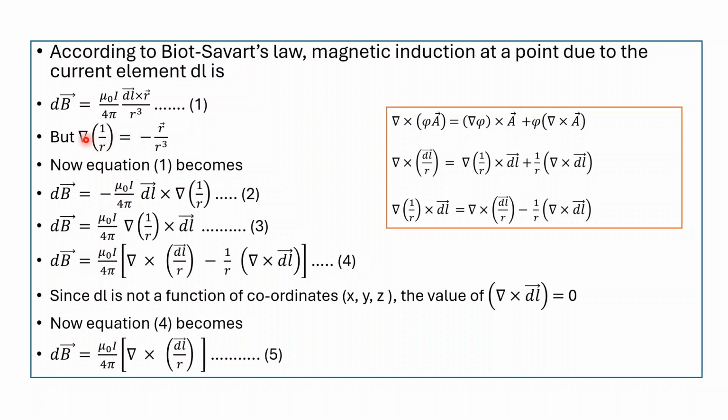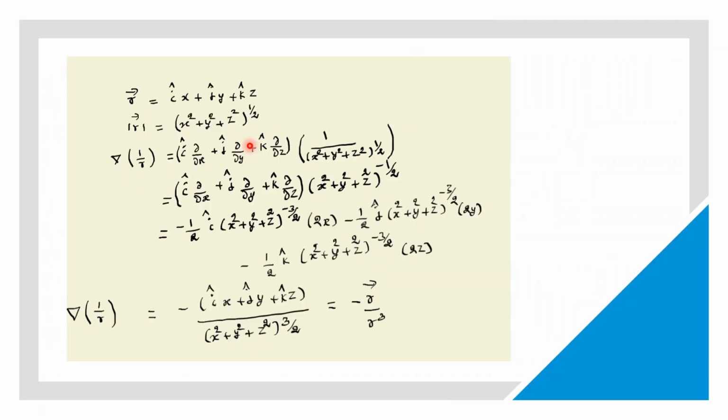But gradient of 1 by r equal to minus of vector r divided by r cube. Here is a proof for that. Vector r is equal to i x plus j y plus k z. Modulus of vector r equal to x square plus y square plus z square power half. Gradient of 1 by r equal to, the gradient operator operating on the function 1 divided by x square plus y square plus z square power half.